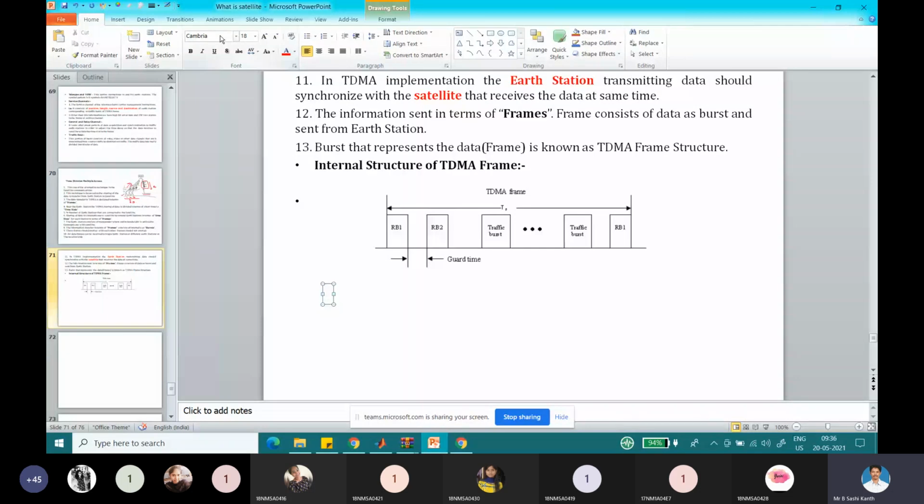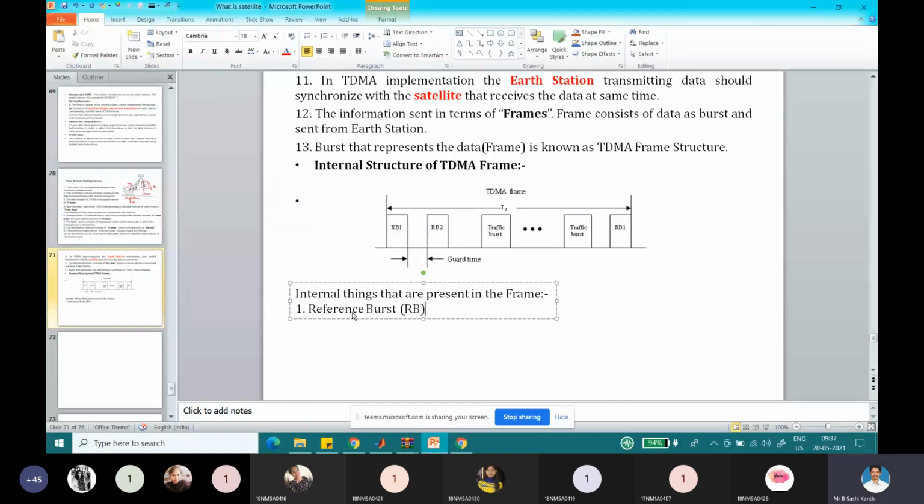So what are the internal things that are present in the frame? We are going to see that now. The first one is called the reference burst, which is denoted with RB.